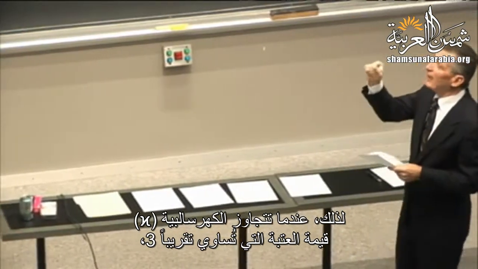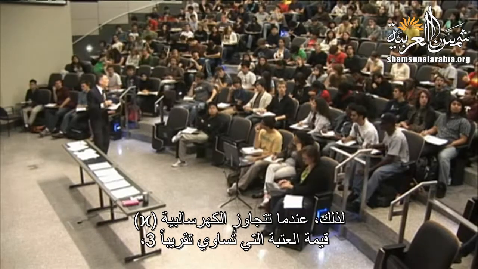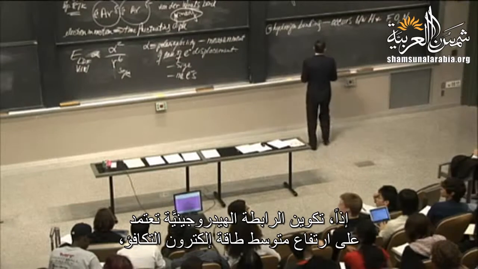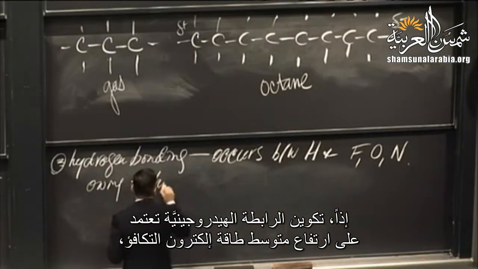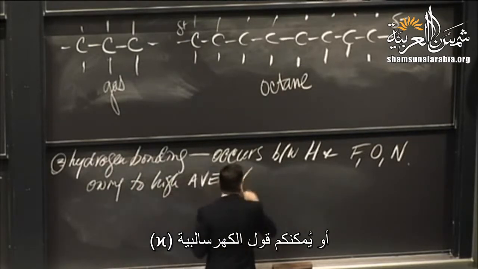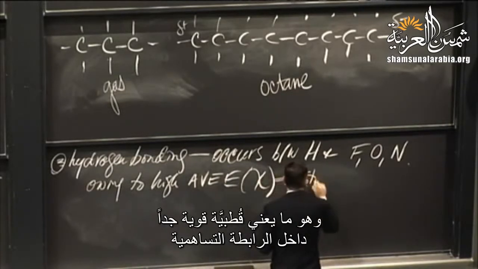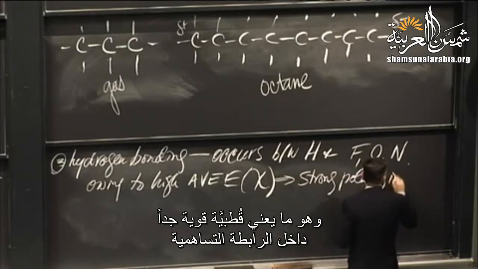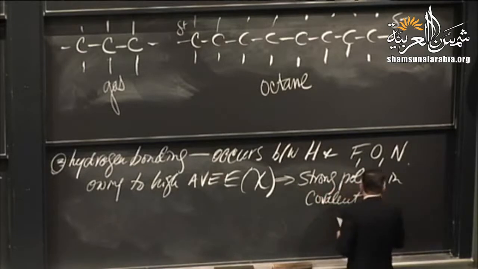So as the electronegativity gets beyond some threshold value, roughly 3, then you can form hydrogen bonds. This is owing to high average valence electron energy, or electronegativity, which means very strong polarity in the covalent bond.